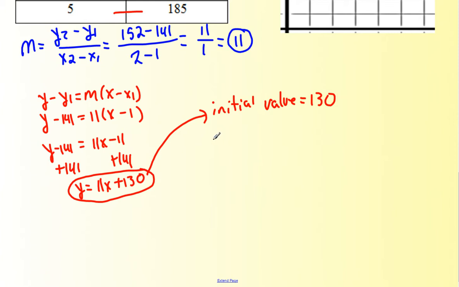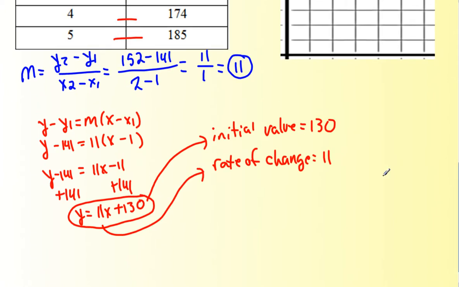My rate of change is 11. We saw that up here. And when we plug that same slope in, it stays the same even down here. That slope, that rate of change is there. Sure, I'll draw the arrow. Feels good. All right, so we've got the initial value of 130. We've got a rate of change of 11.